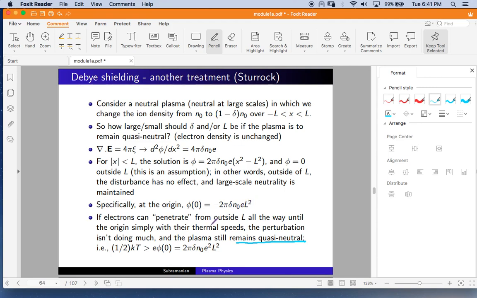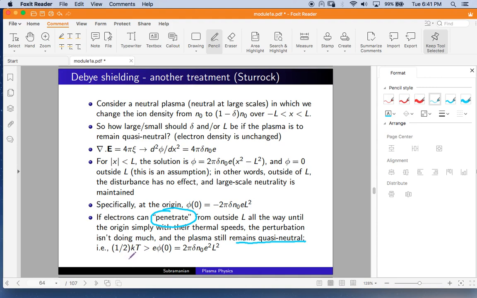And this condition can be expressed as this: half kT. This would be the thermal kinetic energy, the half mv squared, half m v_rms squared.